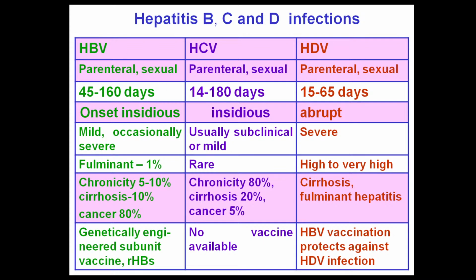It needs help from hepatitis B virus, so it may cause only super- or co-infections. I hope you remember these terms that we studied in general microbiology. Then, a vaccine is not developed against hepatitis C virus yet, and it is not available. But I would like to remind you from the very beginning that a good treatment is developed against hepatitis C virus infection, but not against hepatitis B virus infection.